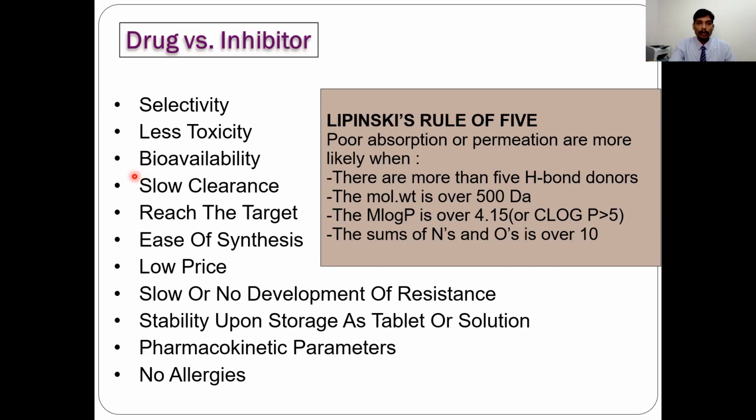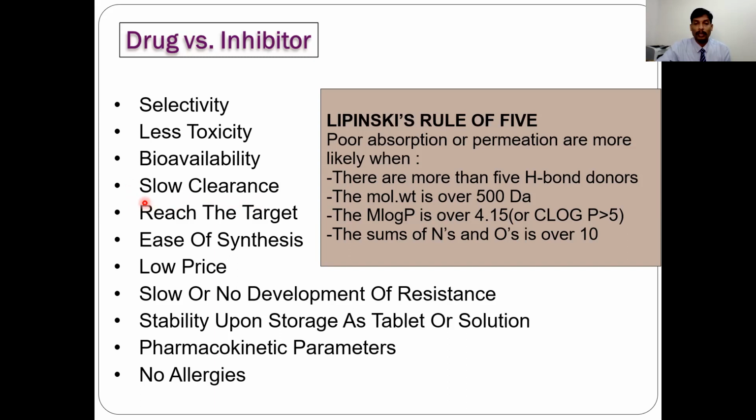Bioavailability. So how much time it can sustain in our body or in the cell. It should not clear off immediately, and it should not stay permanently. So the availability should be there for an appropriate time, and that means slow clearance.